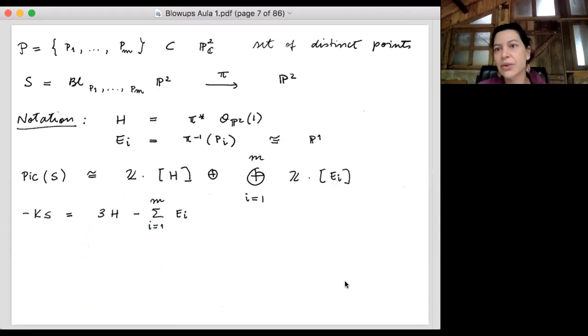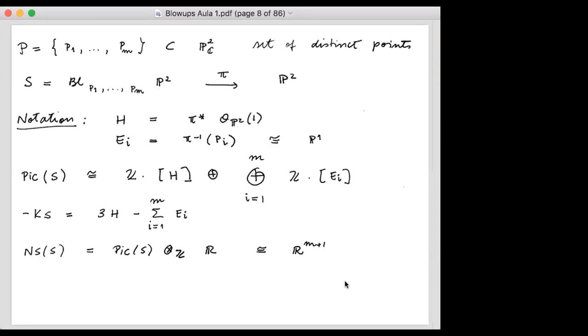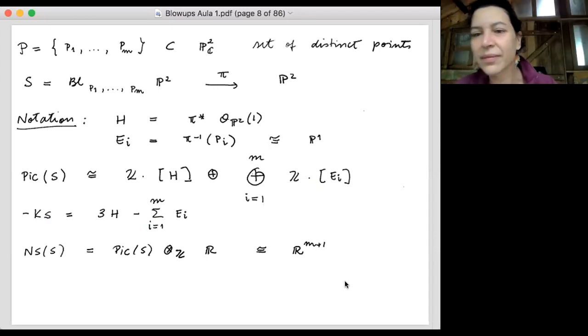Another object that is going to be important here is the canonical class of the surface, which, as usual, we can write as 3H minus the sum of the E_i. Yes? Hello? Is there any question? Okay.